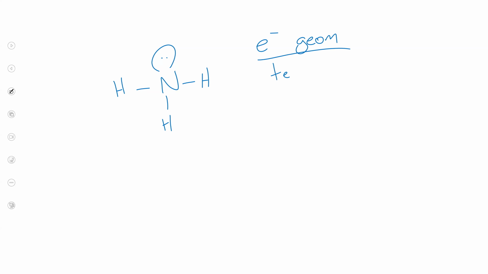So for instance, if we looked at ammonia, the Lewis dot structure looks like this. That's still 4 electron domains because the lone pair still takes up space. So the electron geometry is still tetrahedral.